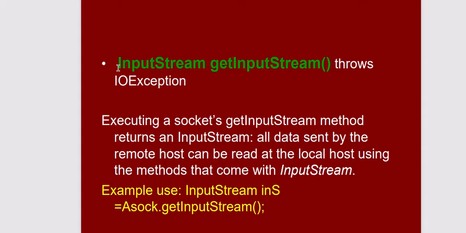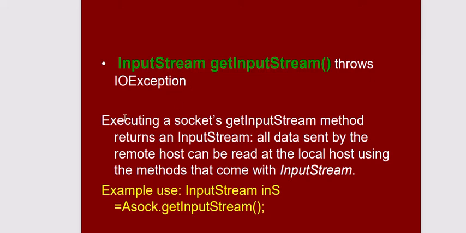A basic input stream is going to support something like a read integer, or at best it's going to be able to read an array of integers. And again, if you execute GetInputStream, apparently it can throw an IO exception, but we'll just ignore that for the time being.